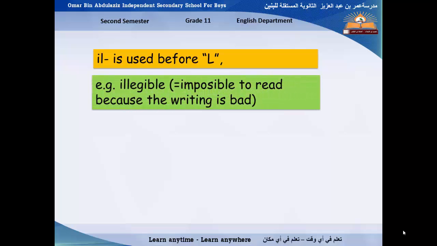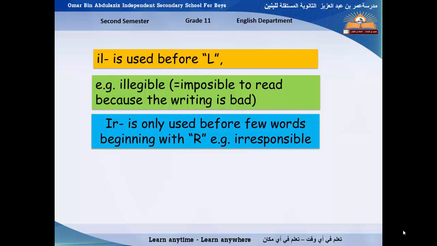Example, if the word is legible and we want to form the opposite of this word by adding a prefix, we have to add il. It will be illegible. It means impossible to read because the writing is bad.